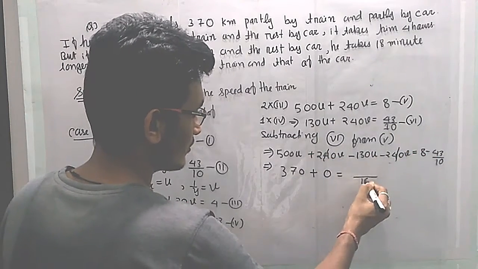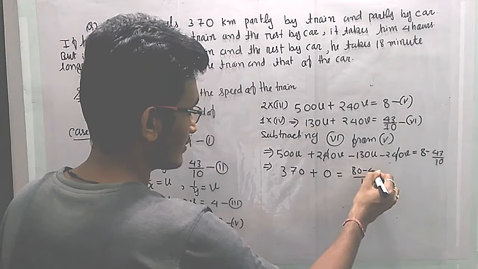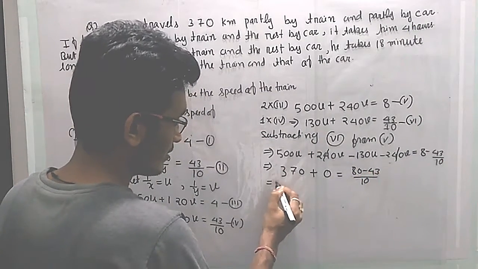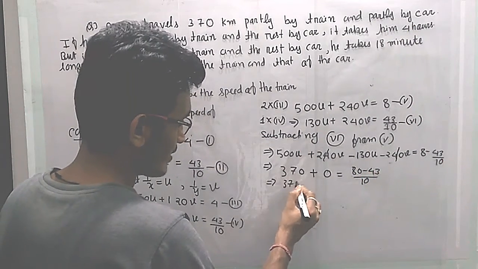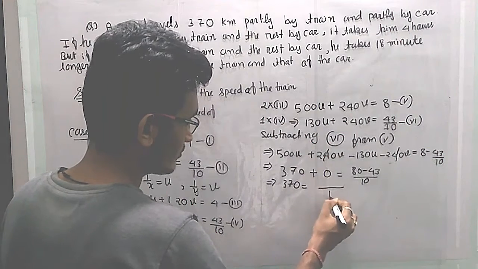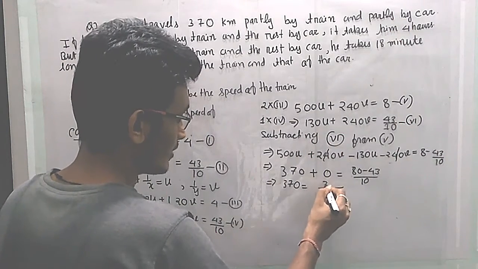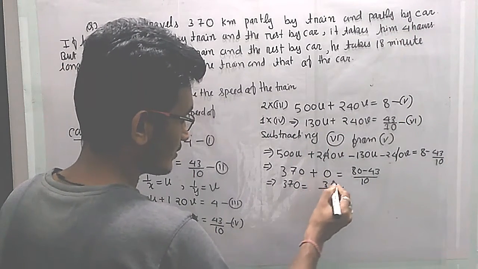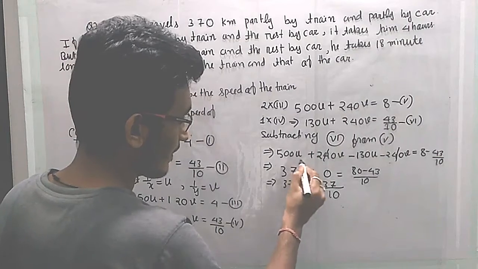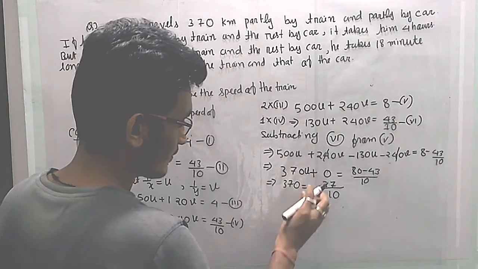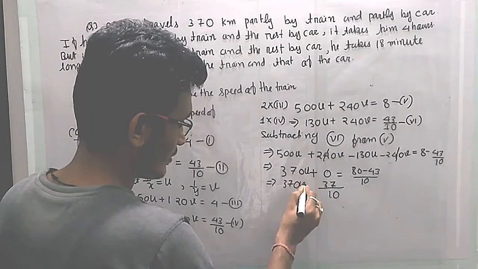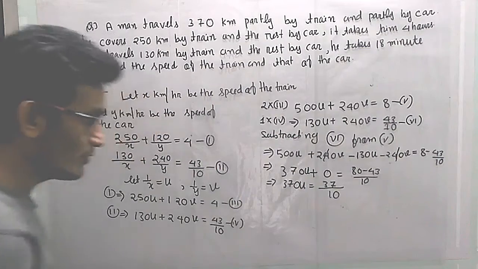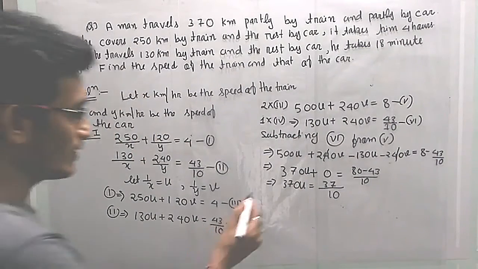Equals 80 minus 43, that becomes 37. So 370u equals 37 by 10.